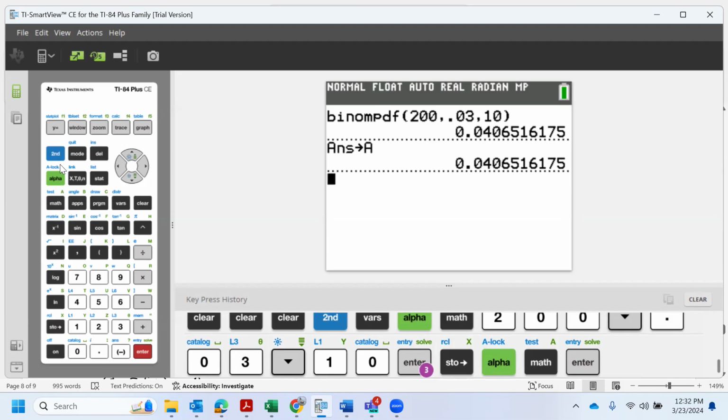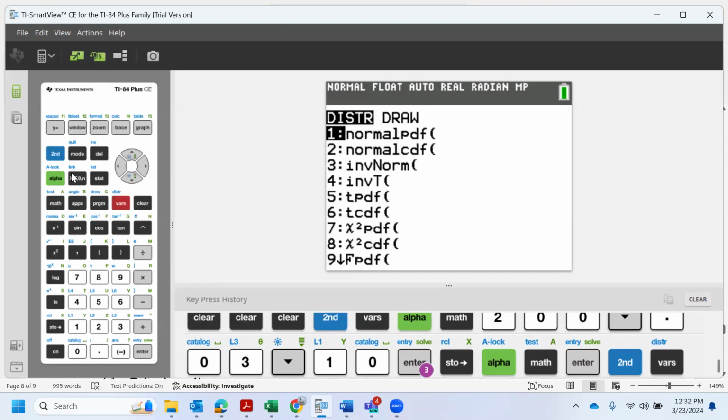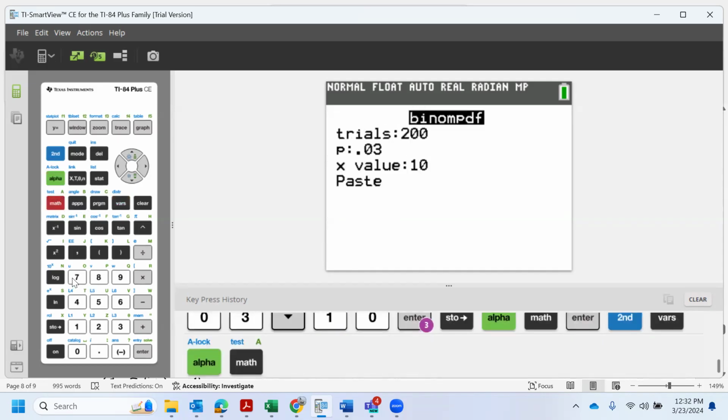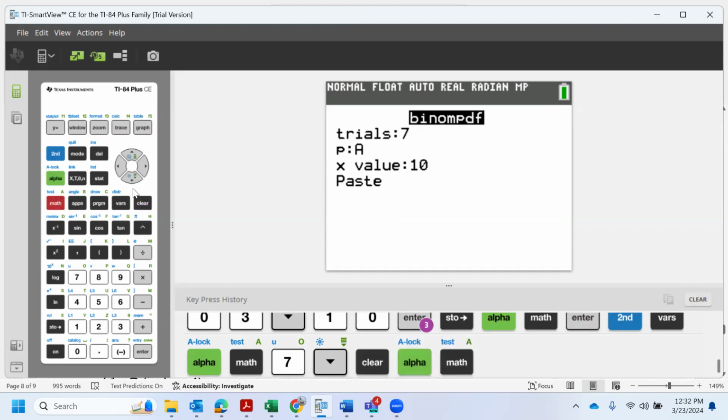Next, we do what we did just now, in a week. Second distribution, alpha A. Now N is only 7, and the success probability is not this, so you put in alpha A. We want only 2, so you paste it.